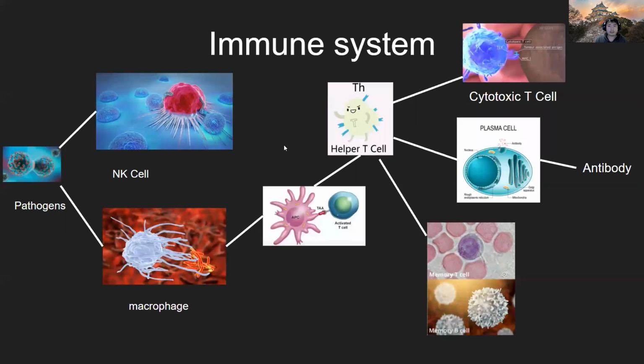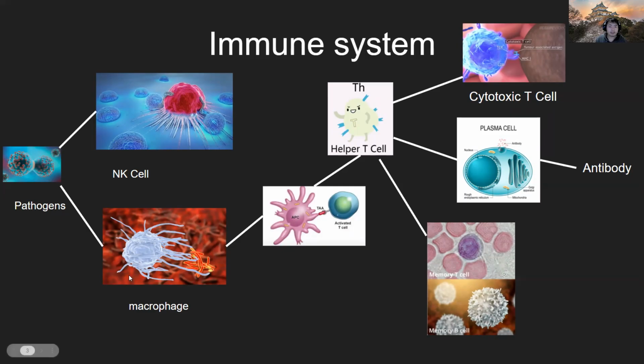As you can see from this slide, if we have a pathogen in our body, the first thing is the macrophage will detect it and try to eat it. And then our NK cell will try to attack it. When our NK cell attacks it, the pathogens become pieces.